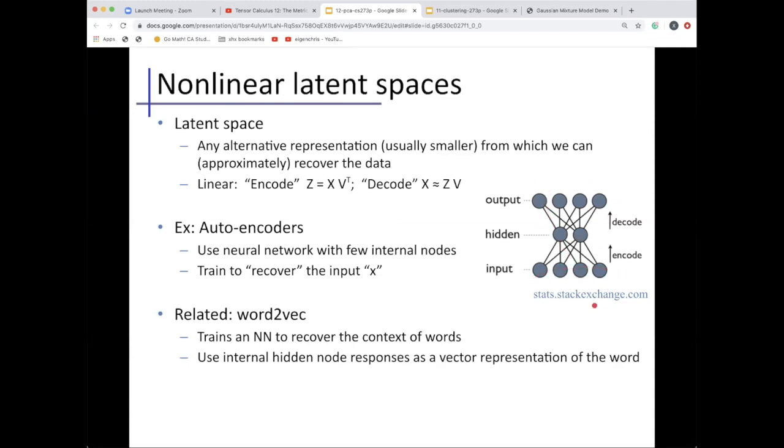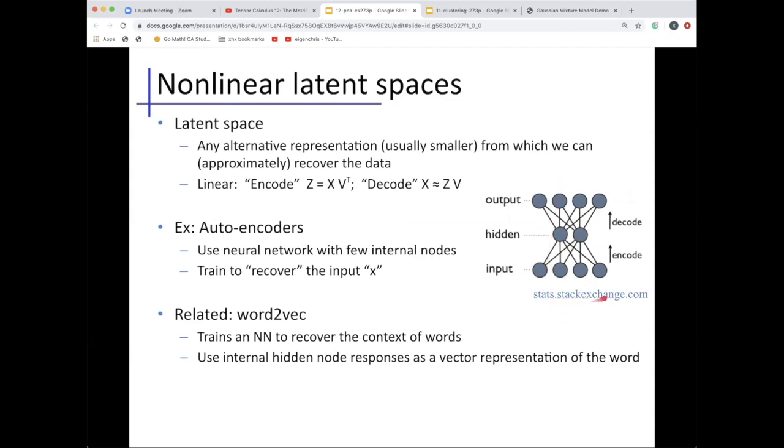Then what you can do is train this neural net to reproduce itself. Which means the input is X, and the targeted output is also X. What's the purpose of that?